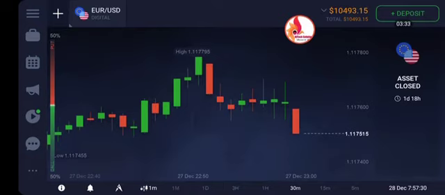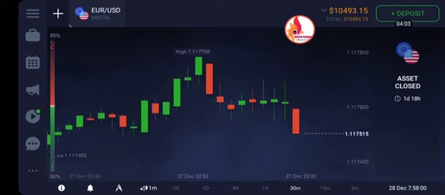So what it means is this: the green means the price of the asset that we are looking at was bullish, I mean it was rising, while the red means the price of the asset was falling in that 1 minute.